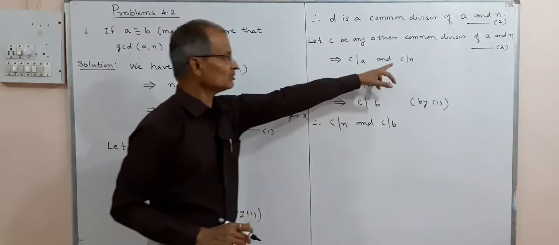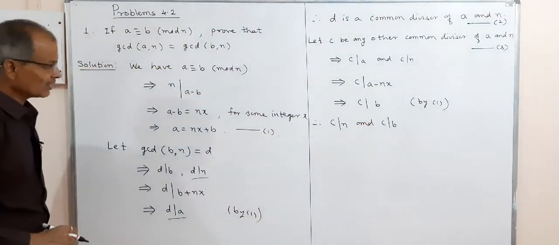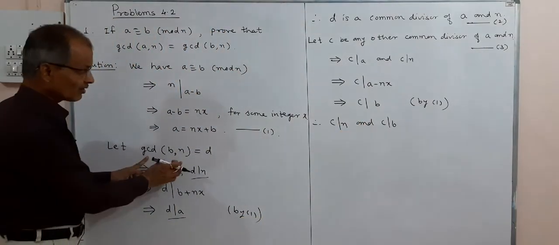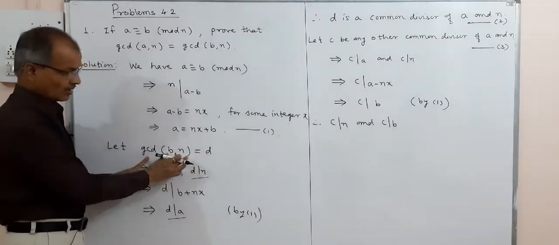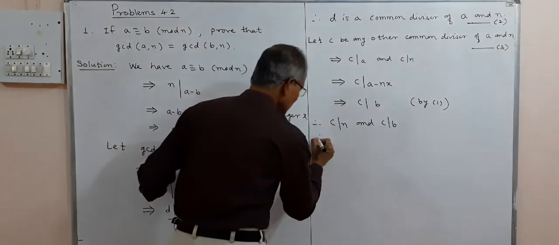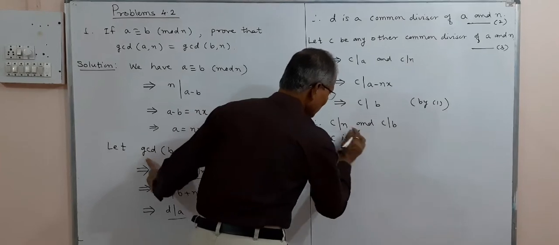We consider these two. And why n and b have we considered? Because we have assumed the GCD of b and n is d, and therefore c is a common divisor of n and b.